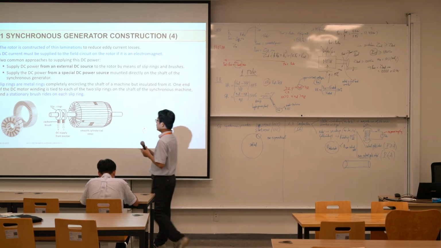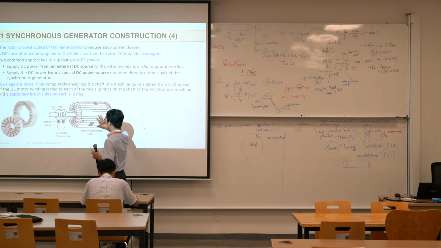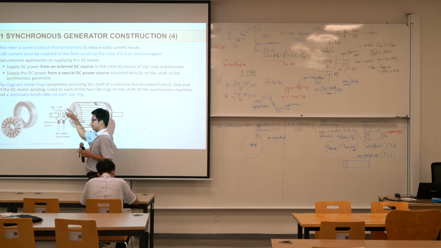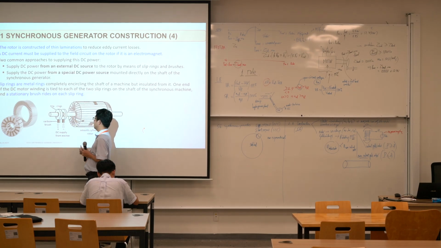So that's the reason here, you know, on the rotor, we have two slip rings. We need brushes, carbon brushes, and we only need DC power supply. So we have two brushes, positive and negative, to inject the current into the slip ring and then come to the rotor winding.